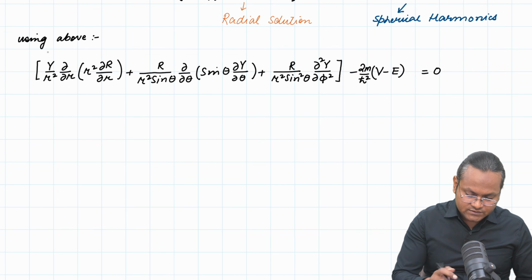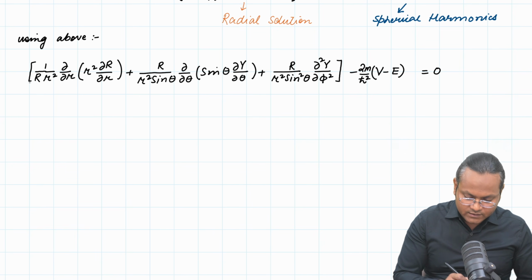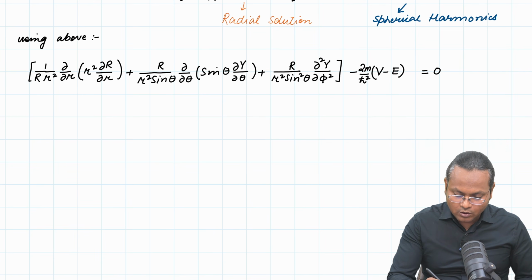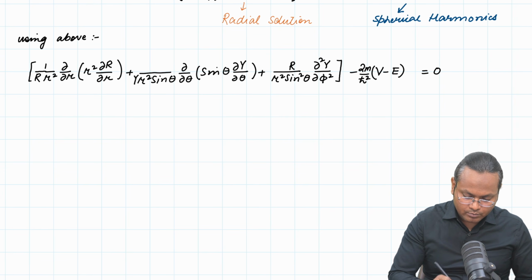In the first term, the Y will be gone and I will be left with 1 upon R here, capital R. In the second term, R will be gone and I will be left with capital Y here.